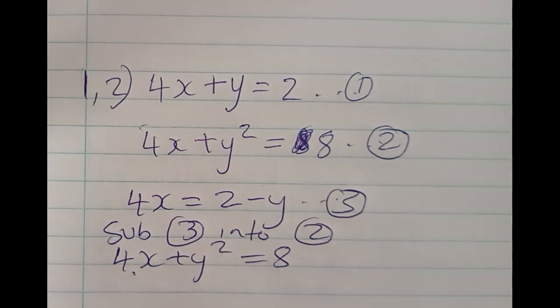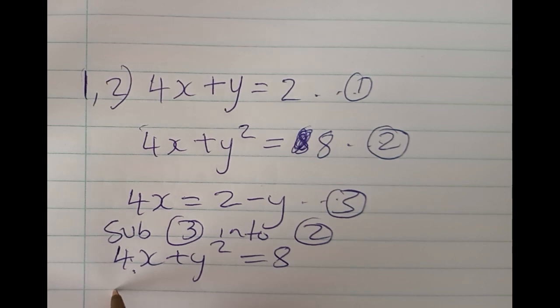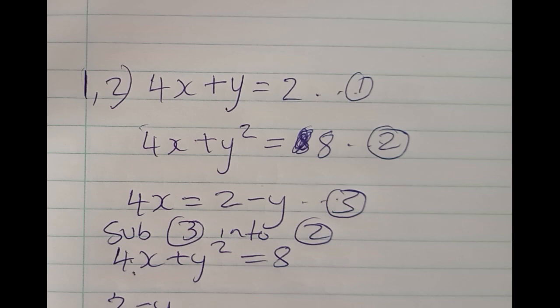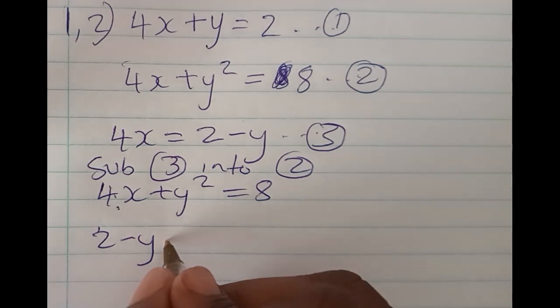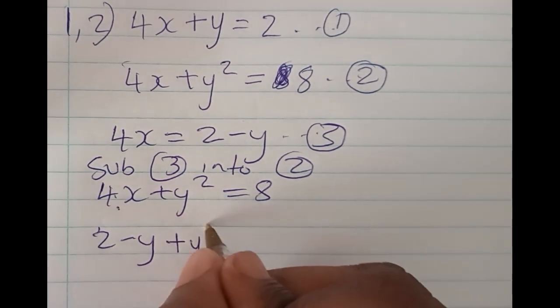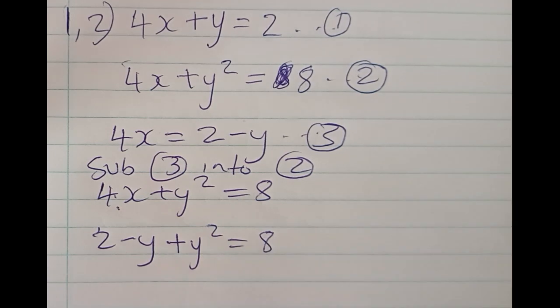So I'll say, okay, here I'll have 2 minus y. You see, it will be 2 minus y plus y square is equals to 8. This one, whether I put it in bracket or not, if it is like that, especially the one that starts, nothing will change even if I put it in brackets.